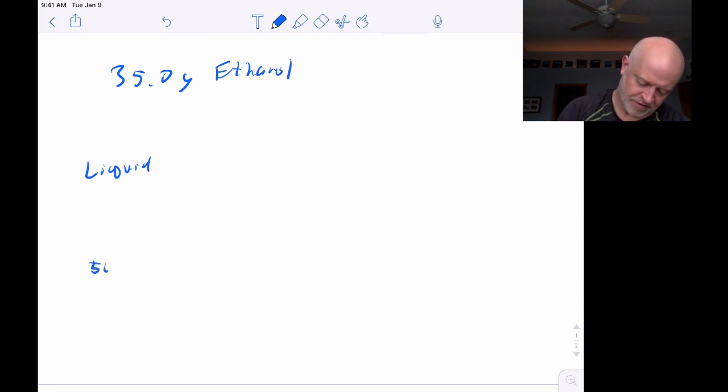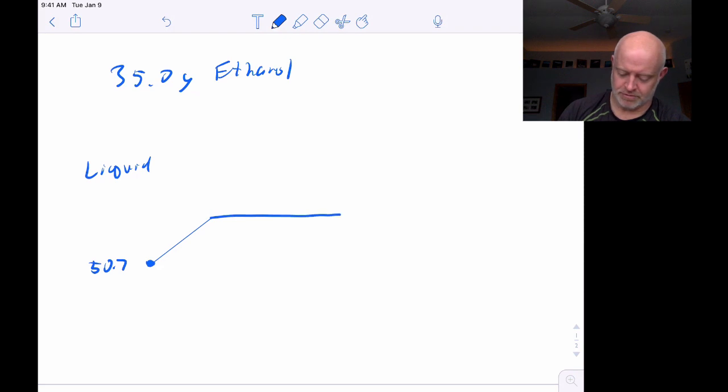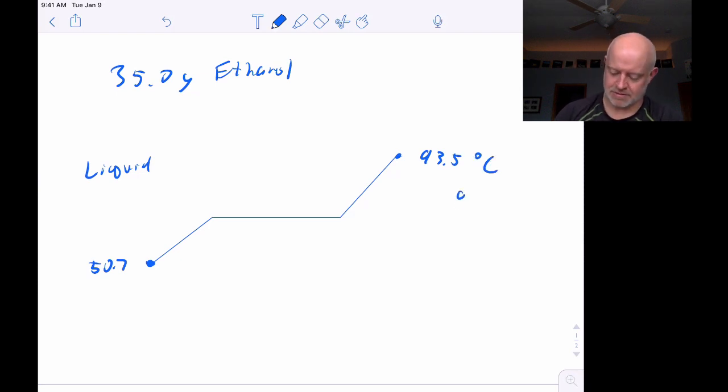Now, it's going to warm up to the point at which it boils, and then it has to boil, and then it's going to have to heat up to a final temperature of 93.5 degrees Celsius as a gas.